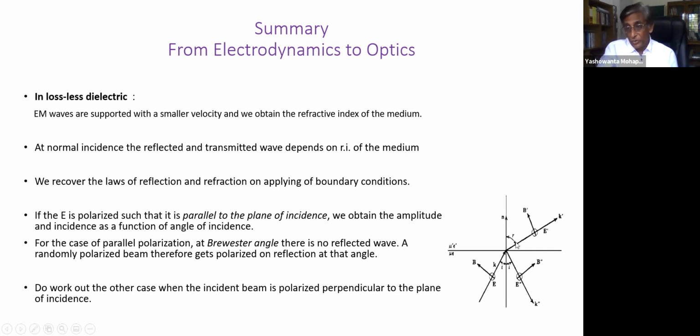That is general, so both would be the same. And this is the transmitted wave. But now E is perpendicular and B is in the plane of incidence. This is a separate case. In that case, you will see there is no such thing as a Brewster angle. I have left that as a problem, either in the practice problems or in the home assignment. Please work that out, and then the quantities you're dealing with will become clearer.